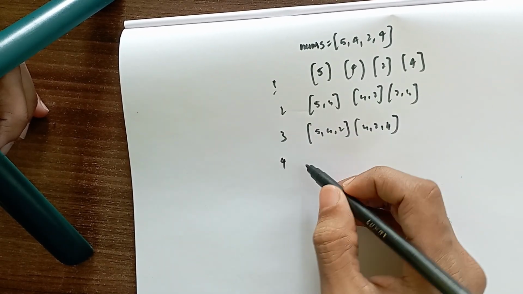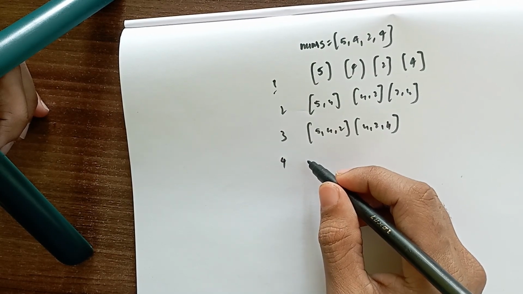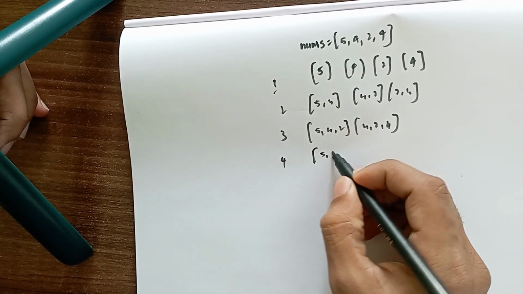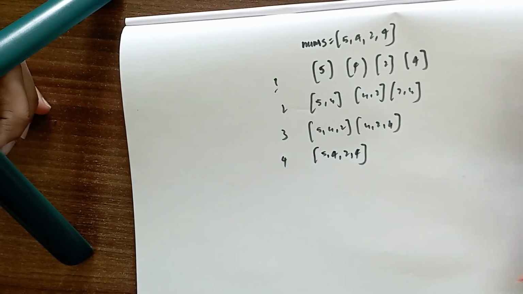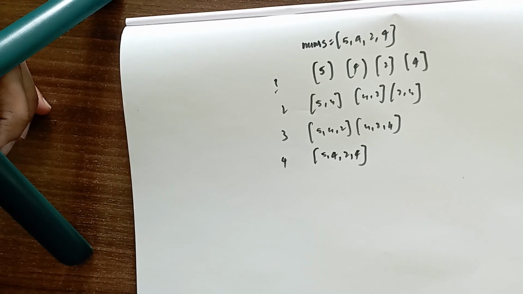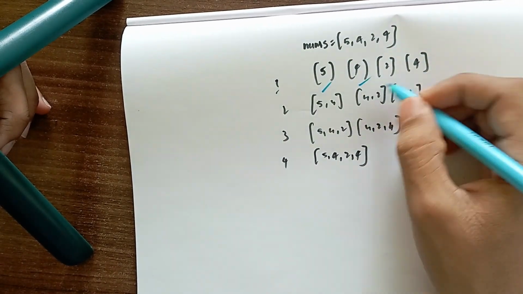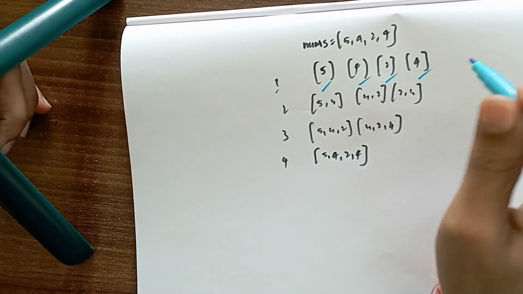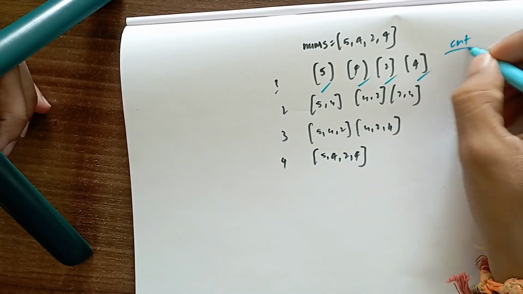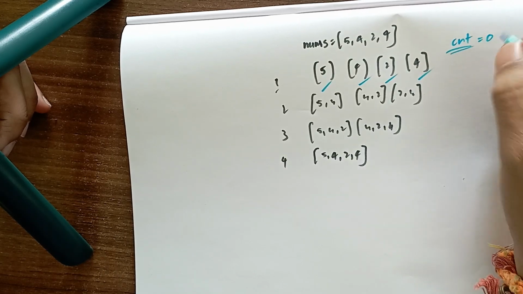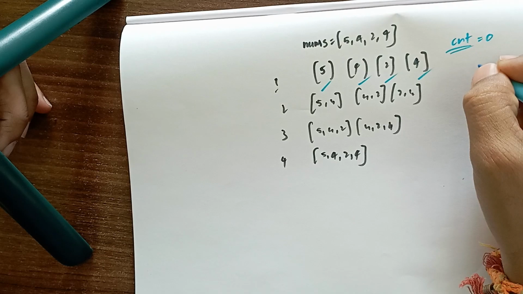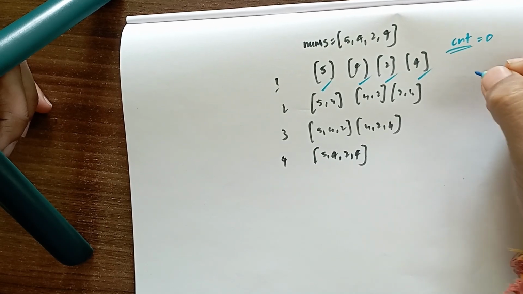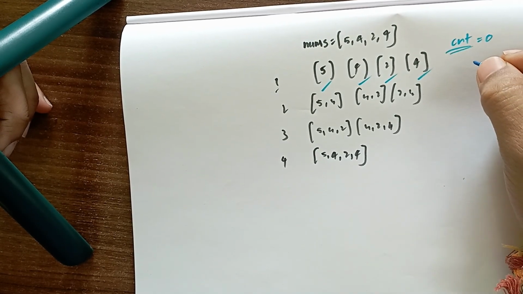Now of size 4, 5 4 2 4. If there is only one element, it will be considered. Now 5 will be considered, 4 will be considered, 2 and 4. So the count of subarrays which are continuous will be stored in the count, and we need to return that count.